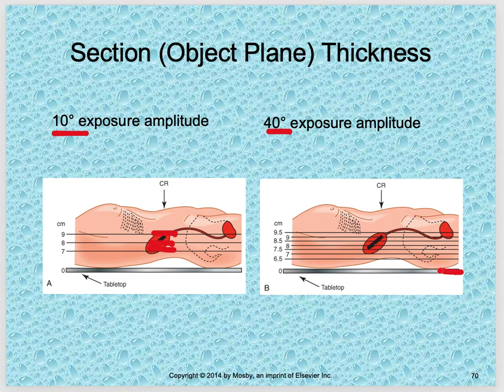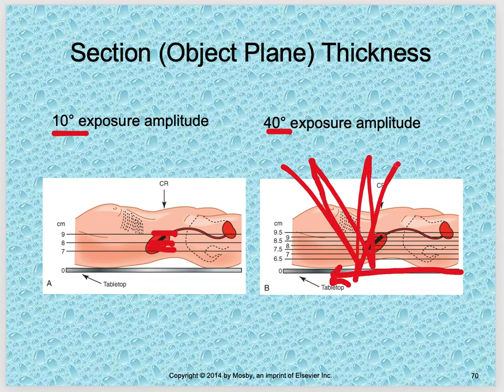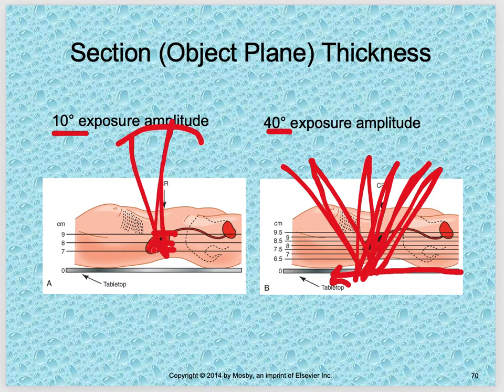As the tray is moving this way, your bucky is moving this way, you can hit many different levels, layers of that object that you're imaging, where if you're moving 10 degrees, you've got 1, 2, 3. So with the amplitude, now you have more options to image that object.